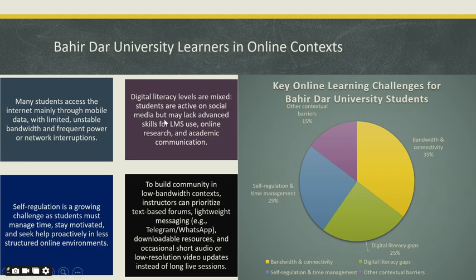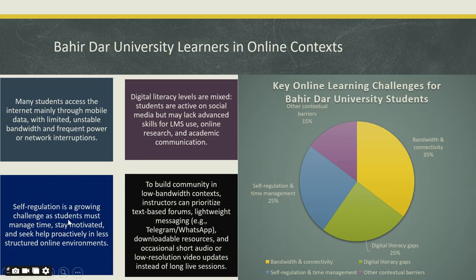Digital literacy is uneven, and students may be active on social media, but they may not be familiar with advanced tools of the LMS, and of course, online research tools or formal online communication. They may need explicit guidance on where to click, how to submit assignments, and how to participate in online discussions.